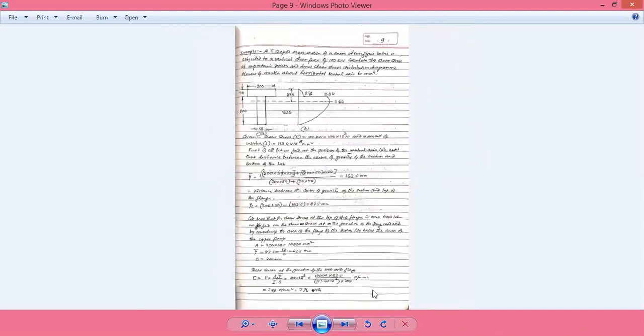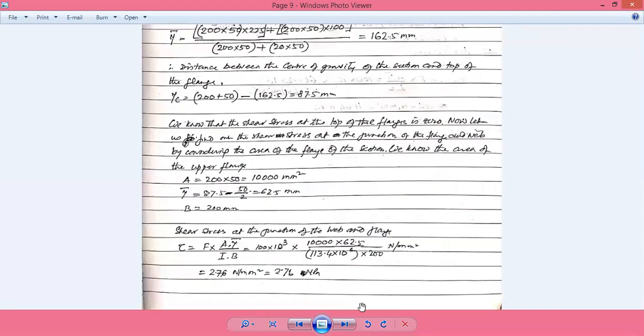But now let us find the shear stress at the junction of the flange and web by considering the area of the flange of the section. We know that the area of the upper flange, A, is 200 into 50, which is 10,000.